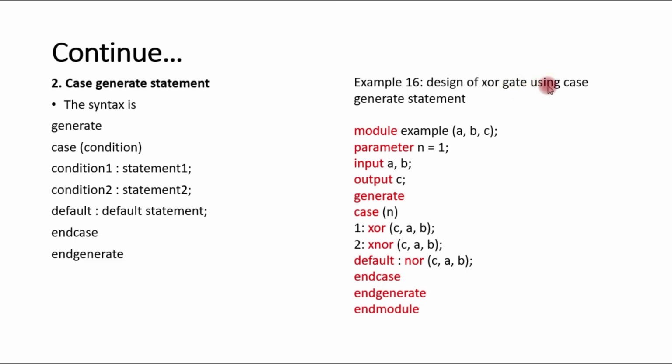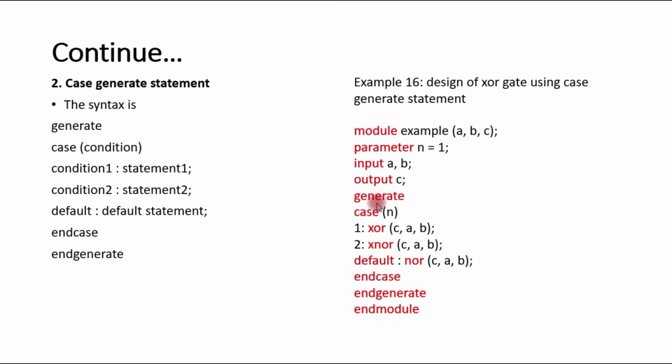So XOR gate is designed using case generate statement here. Two inputs A and B and one output C, and here we are defining a parameter n equal to 1.